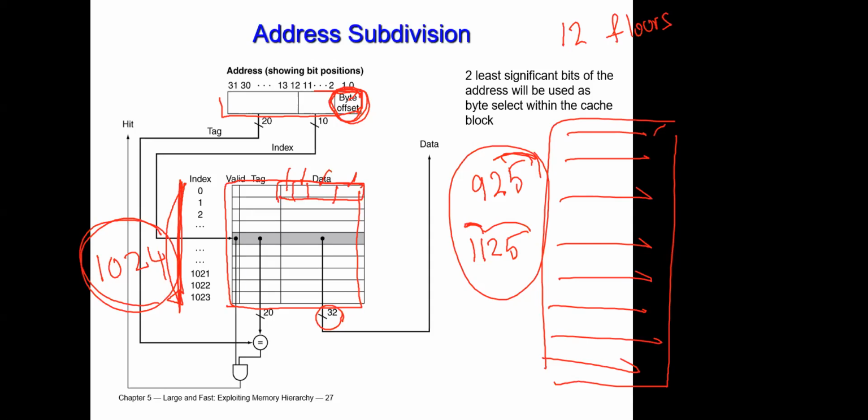Log 1024 to the base of 2, you will get 10. So this means that the following 10 bits will be used to address your floor number or your block number. The rest will be the tag, and the tag will differentiate, as I mentioned, between all of the others that are sharing exactly the same location.